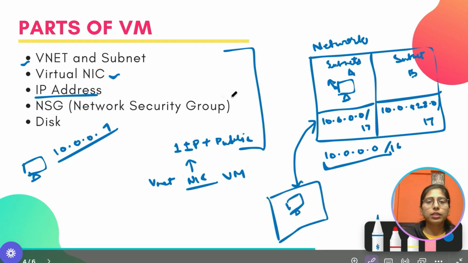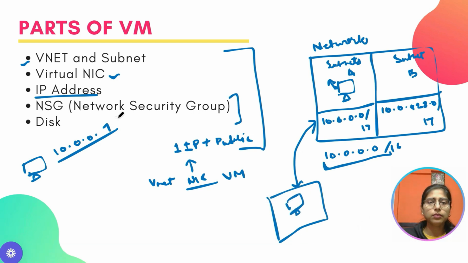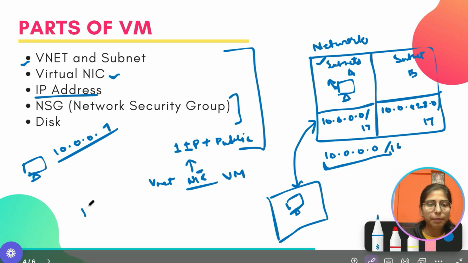Now what is a network security group? A network security group is basically assigned at a subnet level or at the NIC, your network interface card. On the basis of IP address or ports, like your HTTP runs on port 80, your HTTPS application runs on 443, right?